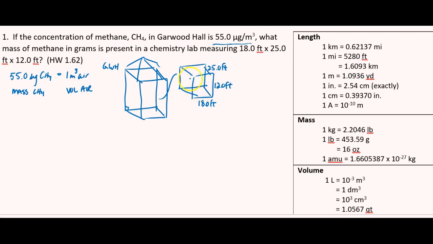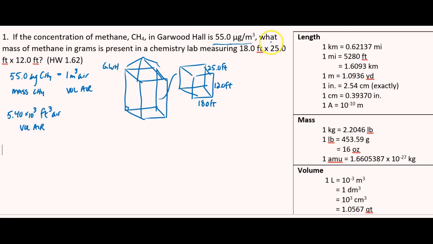And they want to know how many grams of methane are in this volume of space or volume of air. So why don't we find the volume of this room? When I did it, I got 5.40 times 10 to the third feet times feet times feet, or cubic feet. And again, this is volume of air.